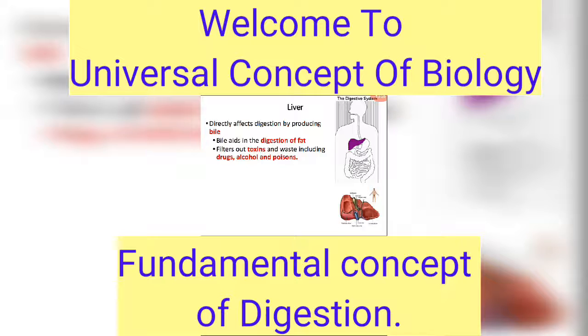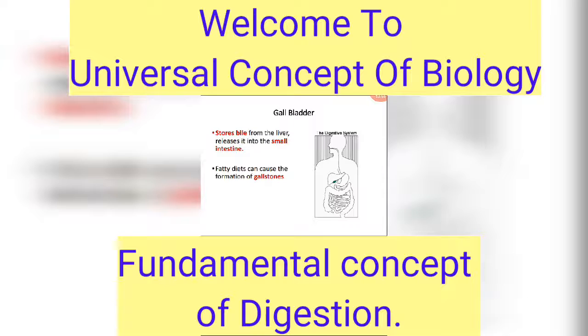The bile aids in the digestion of fat. It takes a most important role in the digestion of fat. It also filters the toxic substances present in our food. It may be drugs, alcohol, or poisons. Then the gallbladder.